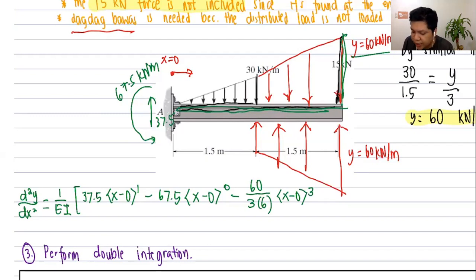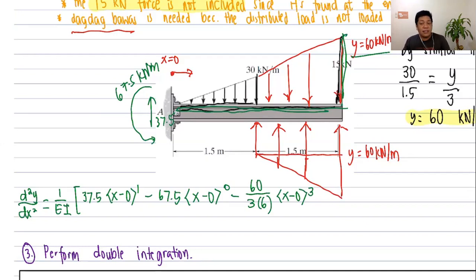However, that trapezoid can actually be subdivided into a rectangle and a triangle. And look at that trapezoid. That trapezoid actually still obeys our rule from last lecture, right?